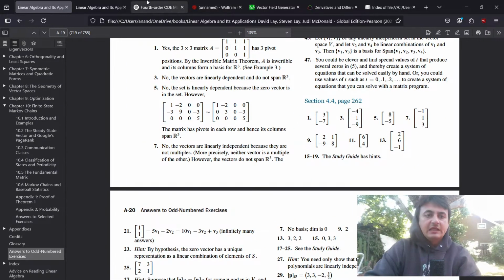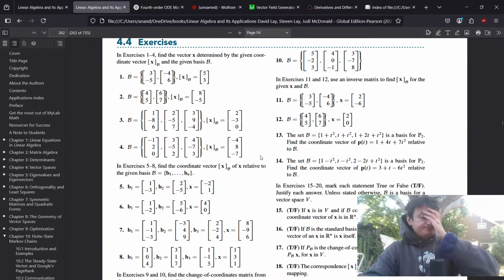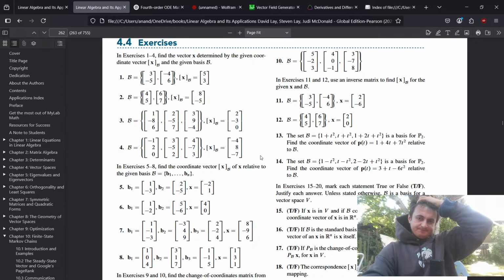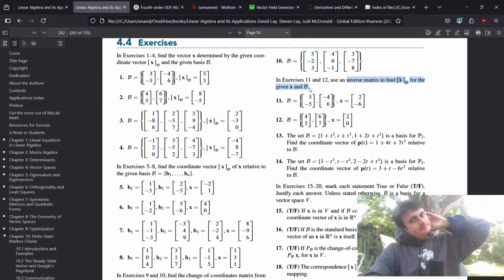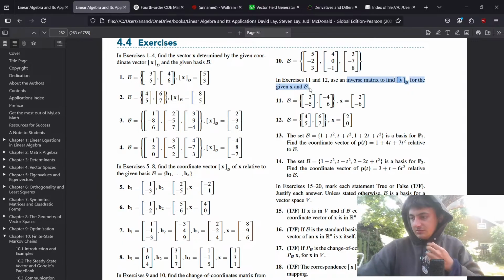Okay. All right. 11 and 12, use an inverse matrix to find xb for the given x and b. Okay, we'll do 11. I'm down with that.